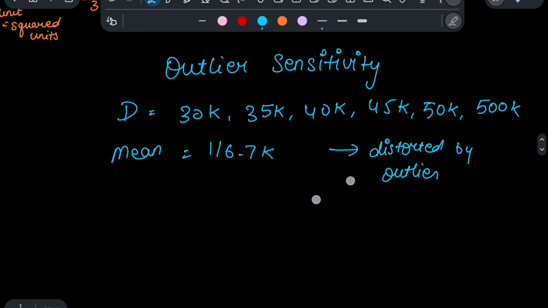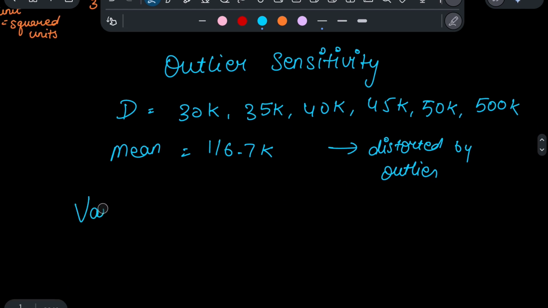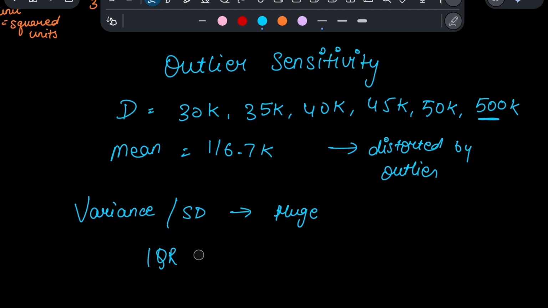Our variance or the standard deviation of this data will be extremely huge, because the squaring amplifies the 50K deviation. The squaring of 50K would be a huge number, but the median would be unaffected. The IQR is the middle 50%, still a 15K spread, and it's robust to outliers. So variance and standard deviation are sensitive to outliers, while IQR is robust to outliers.